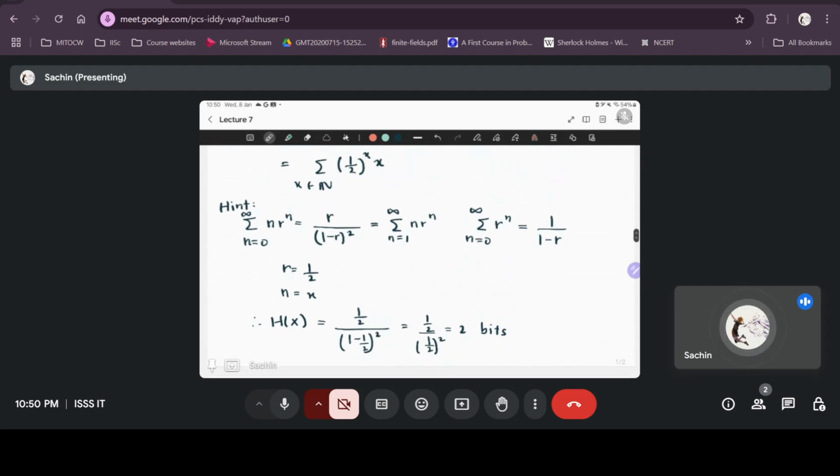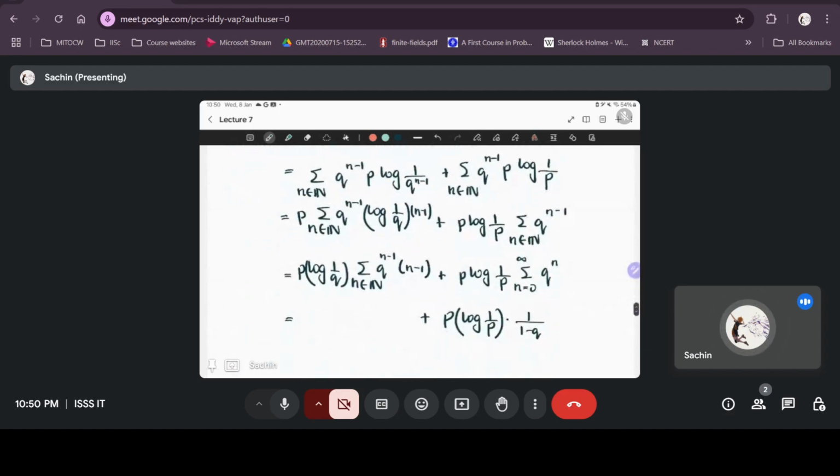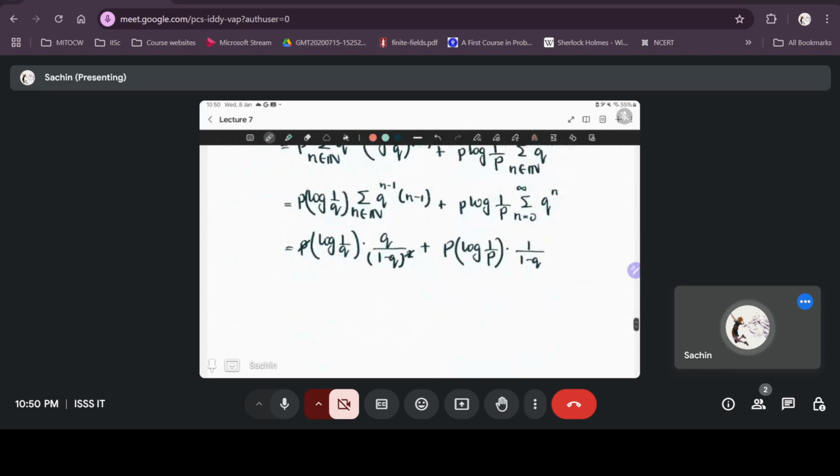So again, I can use the same formula with r equal to q, and I will end up with p log of 1 over q times q over (1 minus q) whole squared, where one of the 1 minus q gets cancelled because p is equal to 1 minus q. So now I am left with 1 over 1 minus q times q log of 1 over q plus p log of 1 over p.